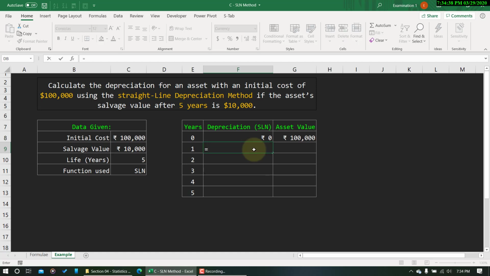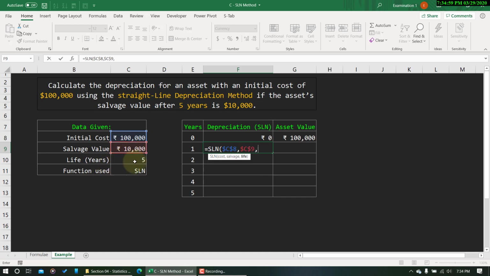Now I have to calculate the straight line depreciation for the first year. So the formula is equal to SLN, tab. The cost is going to be the initial cost, which is 100,000. So I'm going to link this, and I'm going to press F4 to lock this cell, comma, salvage value 10,000, and again I'm going to lock this cell.